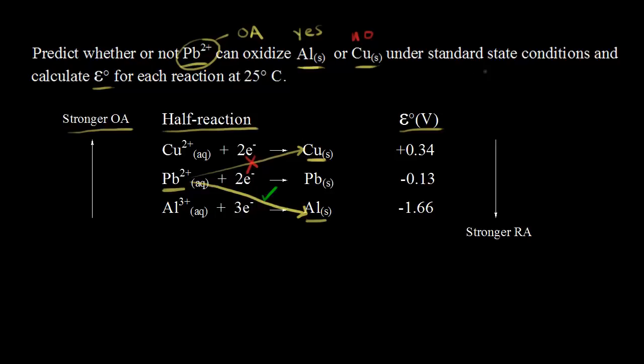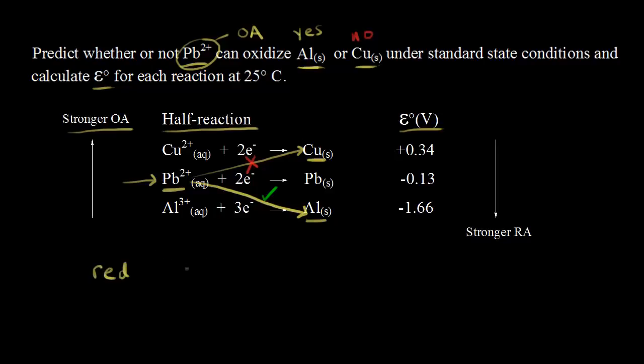Let's go ahead and calculate the standard cell potentials for each of these reactions to just confirm our predictions. So we'll start with lead 2 plus oxidizing solid aluminum. So if lead 2 plus is oxidizing, we're going to write the lead 2 plus half reaction the way it is, as a reduction half reaction.